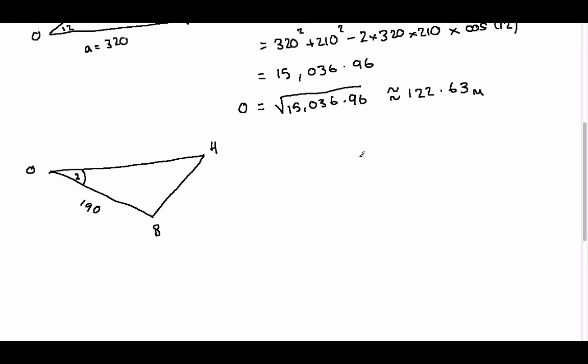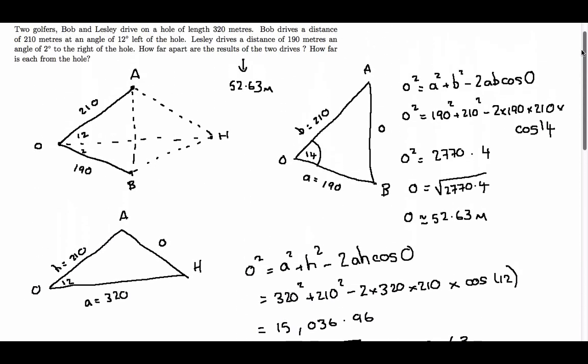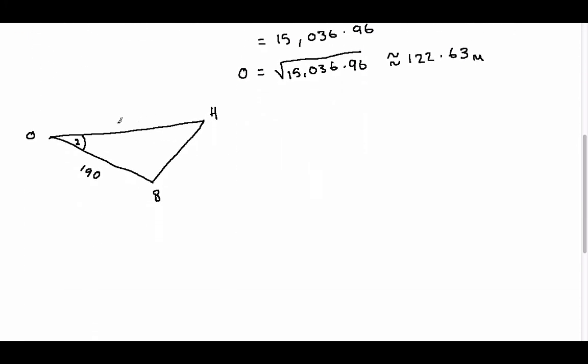OH, remember, is the distance from the tee to the hole, so that is 320. And so we want the distance BH. So labelling everything up, as this length is opposite angle B, we call this little b. As this length is opposite the angle H, we call this little h. And this length HB is little o.